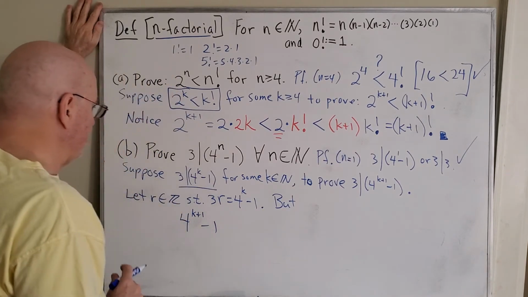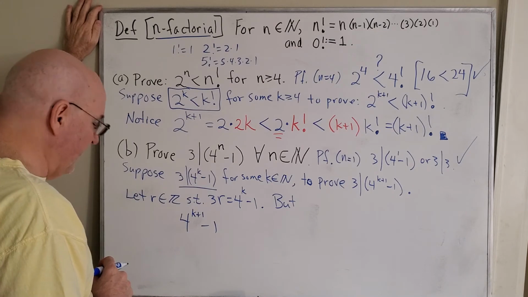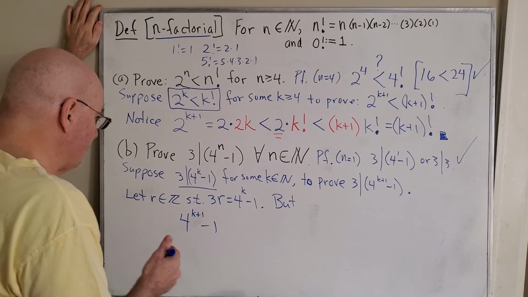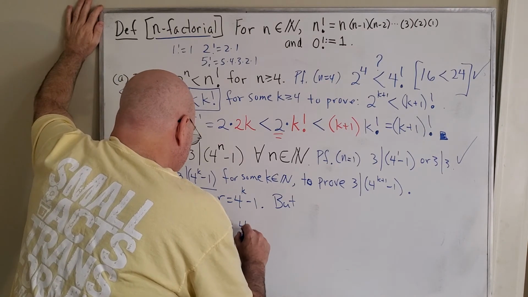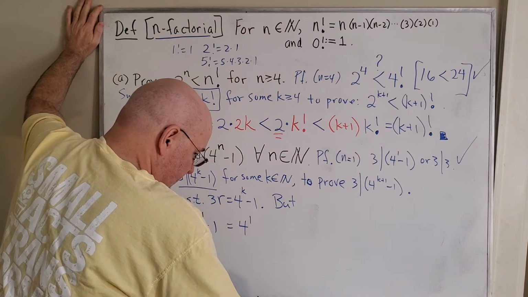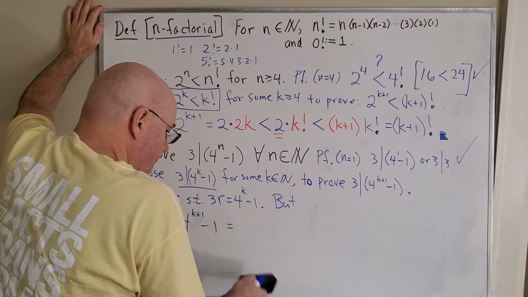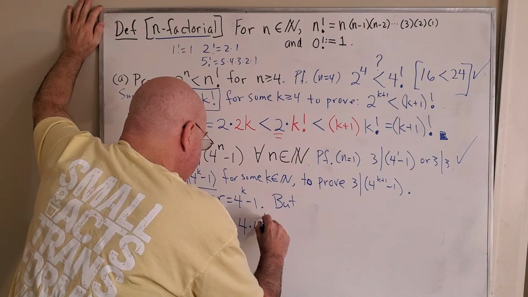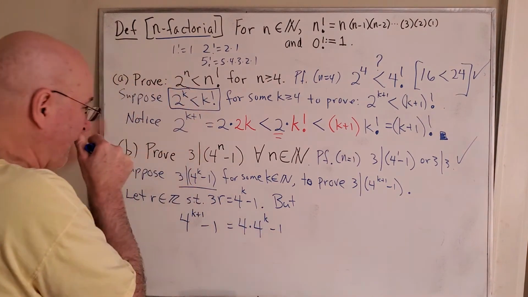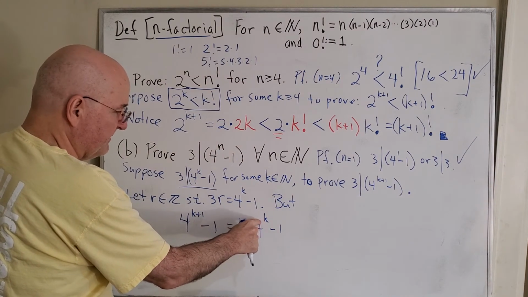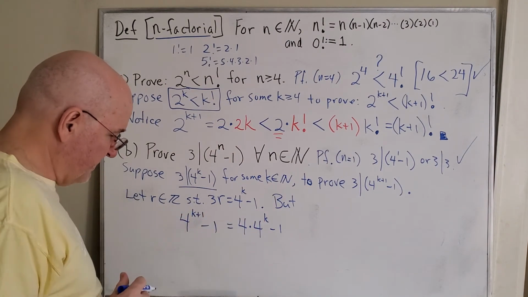Well, I could break the 4 to the k plus 1 into 4 times 4 to the k, minus 1. I just factored a 4 out. If you take 4 times 4 to the k, you get 4 to the k plus 1.